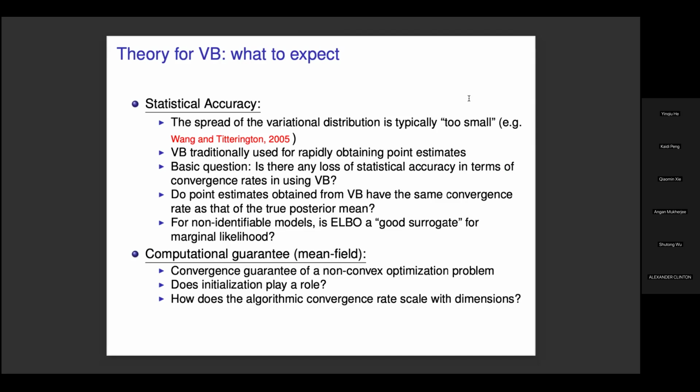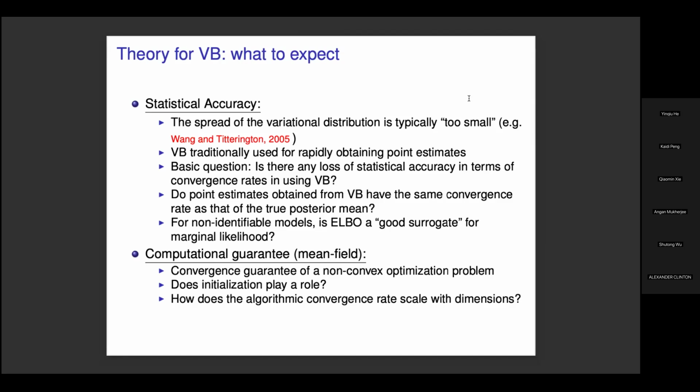For non-identifiable problems, VI is often used for model selection. For instance, the evidence lower bound that you get as a byproduct of variational inference is sometimes used as a surrogate for the marginal likelihood, which is often used for model selection. And we would like to answer whether the ELBO is a good surrogate for the marginal likelihood.